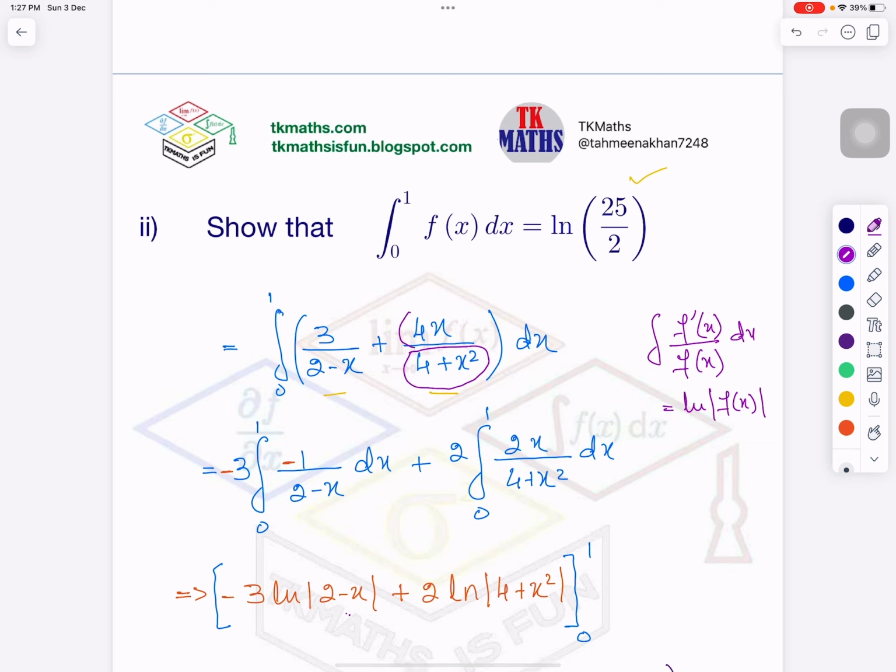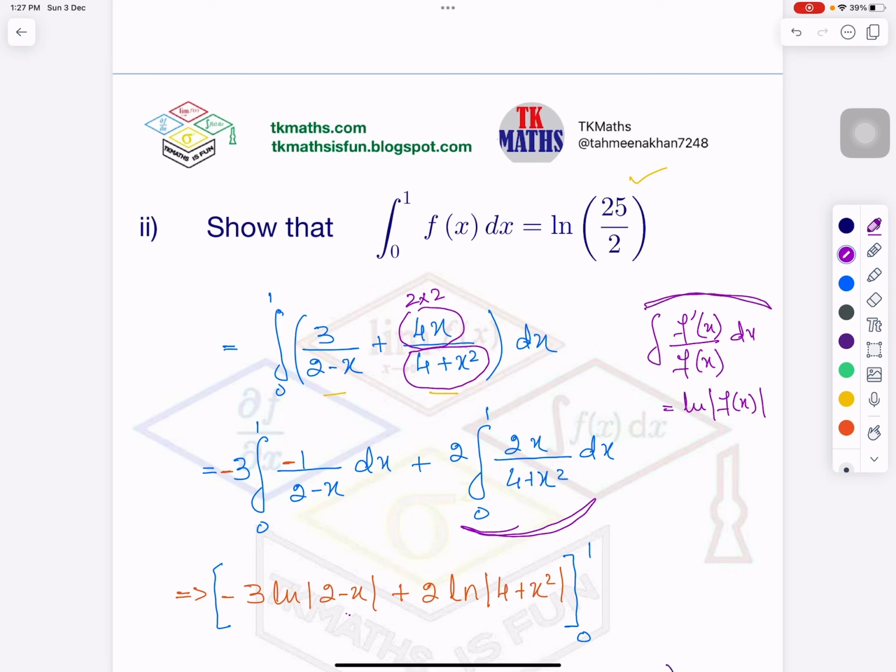But what do I have? 4x, not 2x. So I split 4 into 2 times 2. 2 I have taken out, 2 I kept inside. So now the differentiation of the denominator is present in the numerator. So now I can write here, in place of this integral, ln 4 plus x square. This is what we have seen here.